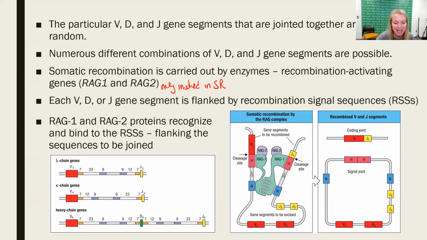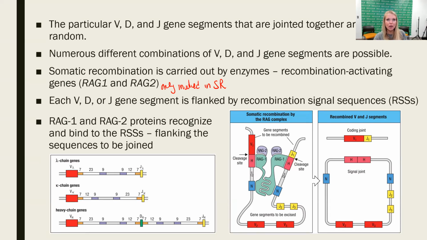So they're only turned on in cells that do somatic recombination, and in our case, we're talking about B cells. We'll see T cells do it too, but no other cell at this point is going to have RAG genes turned on, only developing B cells.